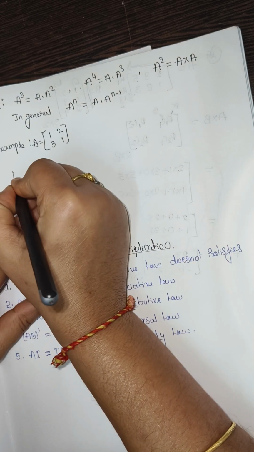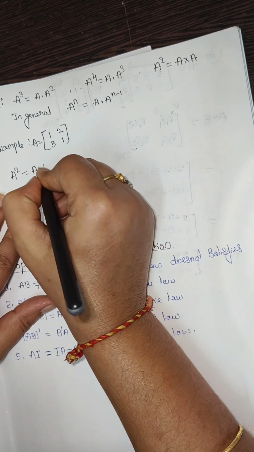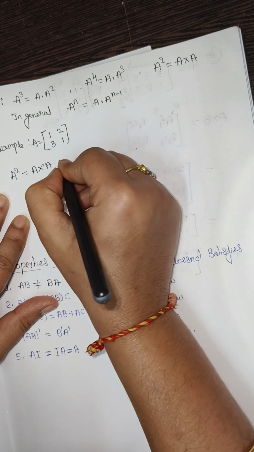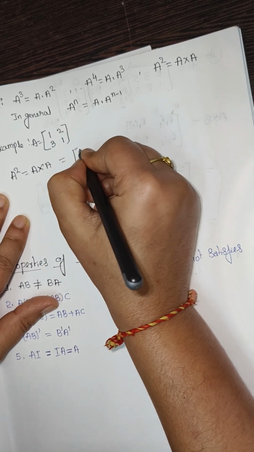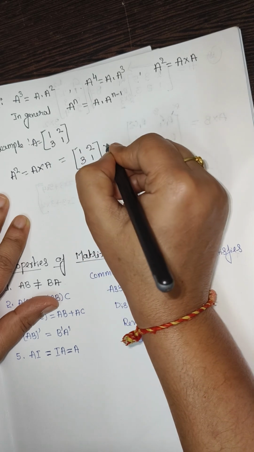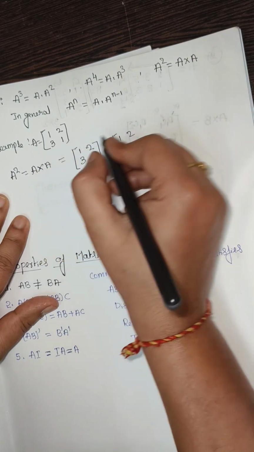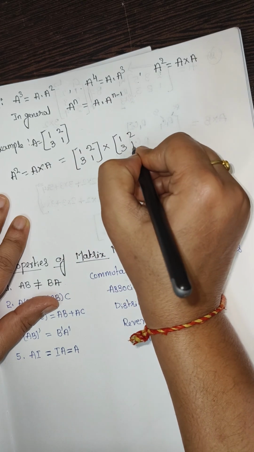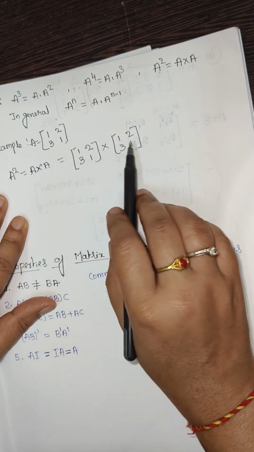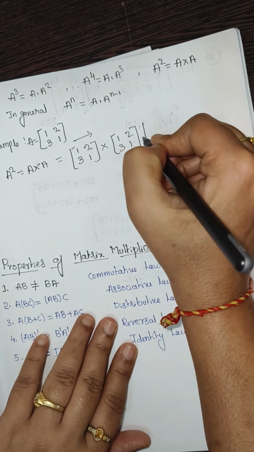So we will solve one simple question here. We need to find A square. A into A. A is 1 2 3 1, and the second A is the same matrix, so you write the same matrix. The same rule we need to apply.